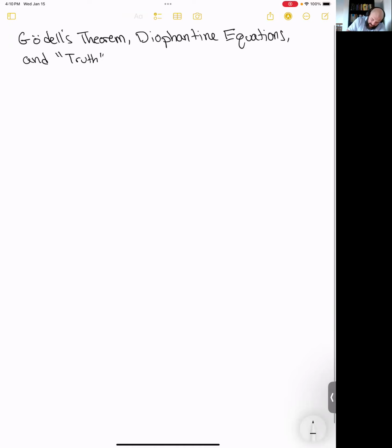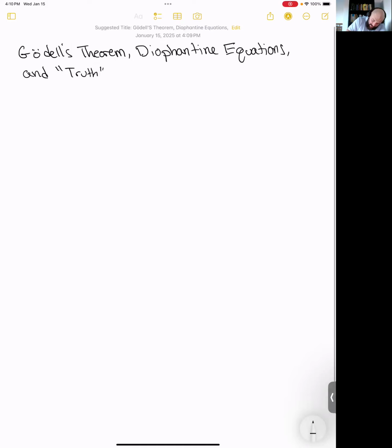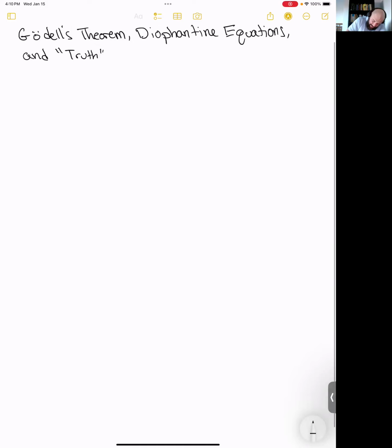So first of all, let me just say a little bit about what a Diophantine equation is. In the most generality, it's an equation of the following form, which is going to feel a little bit unsatisfying if you don't already know what they are, but then I'll give you some examples.